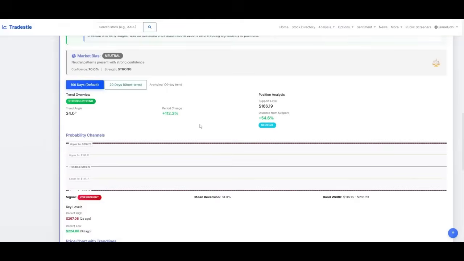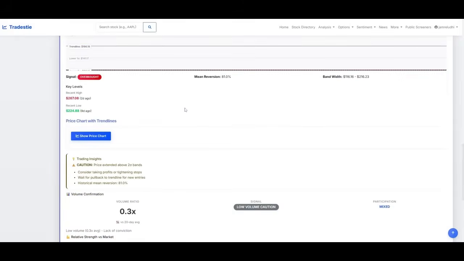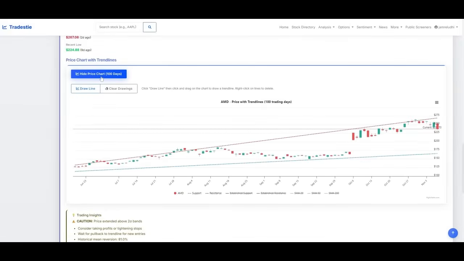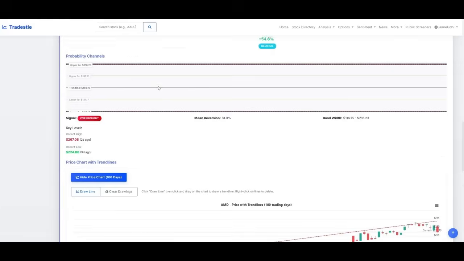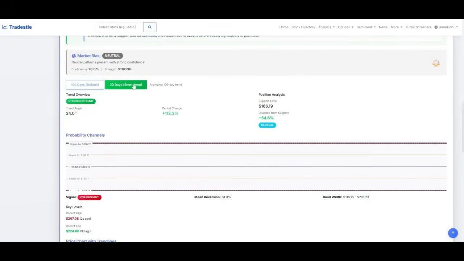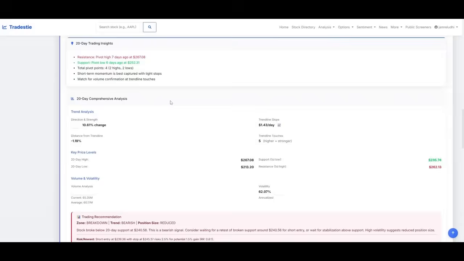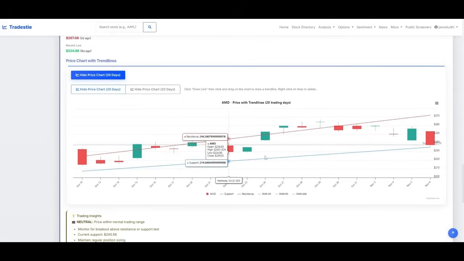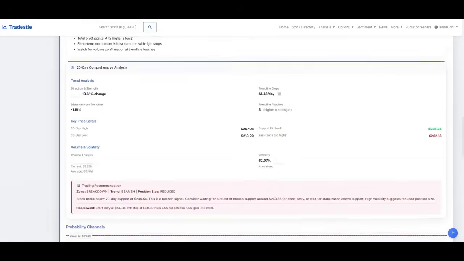So you see here, it has a 100-day trend line chart, which you can look up here, and then there is a 20-day trend line chart also. Clearly it is telling you that today the trend line has been broken down. Support was at 240, right? So you can click on it and look at the 20-day chart as well.